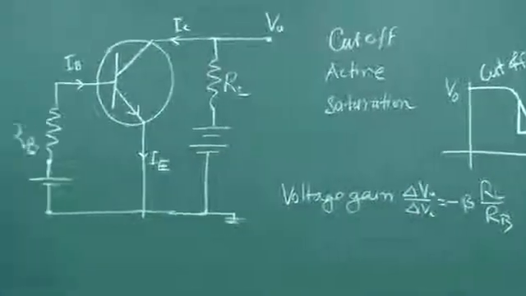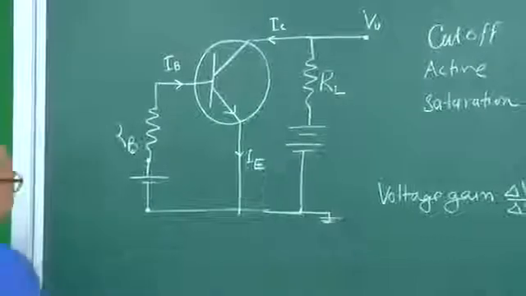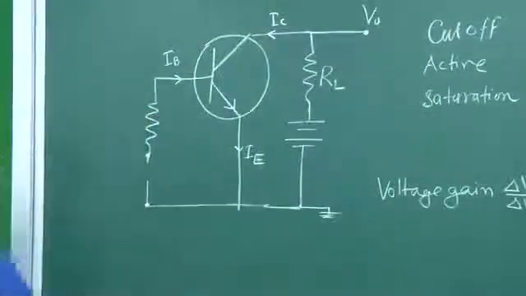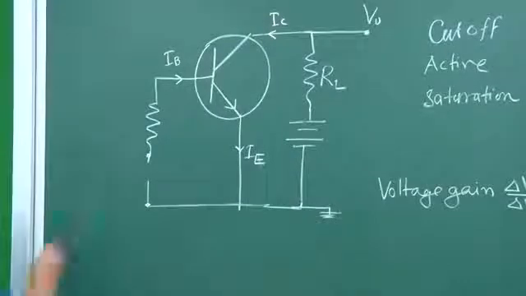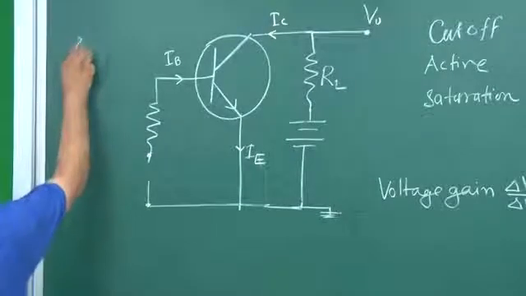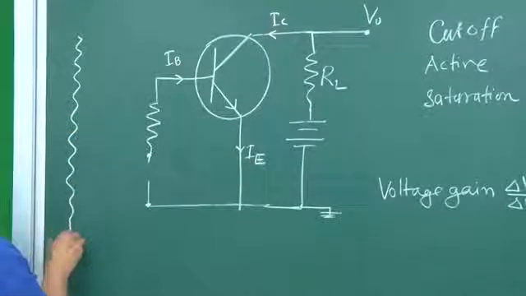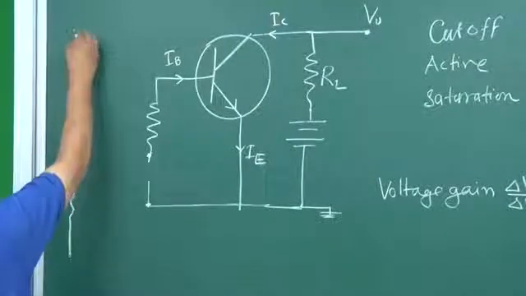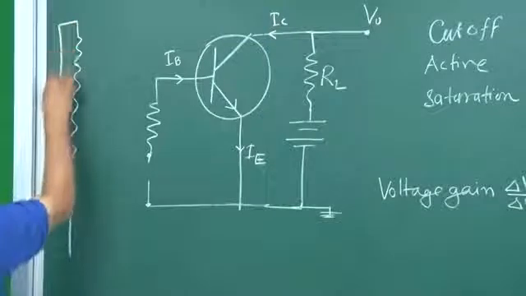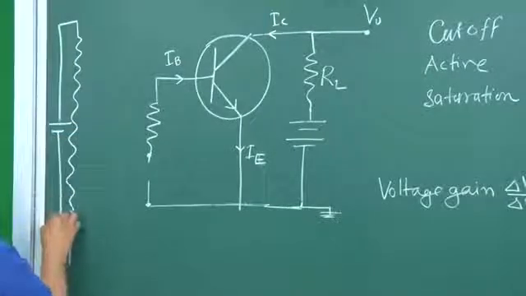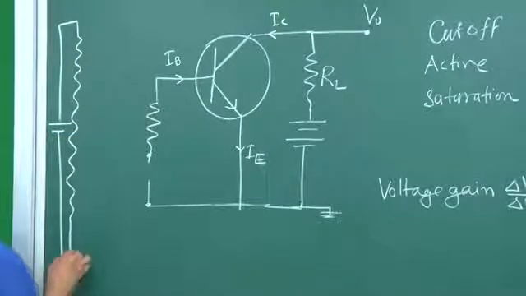So how do I change it? What we have done in our experiment is the following. We have taken a long heater coil, a resistance in fact. On this resistance we are putting a 1.5 volt battery or cell, like this.